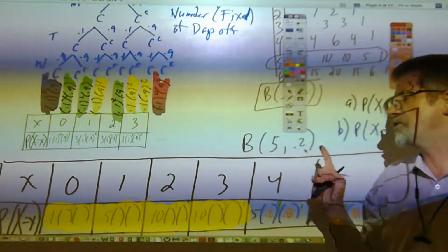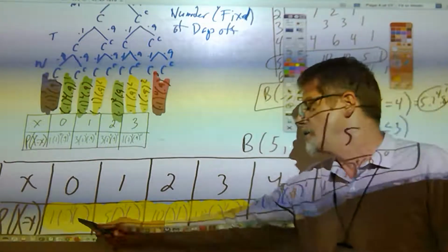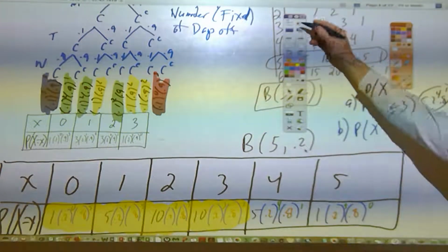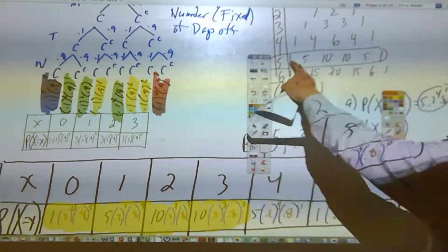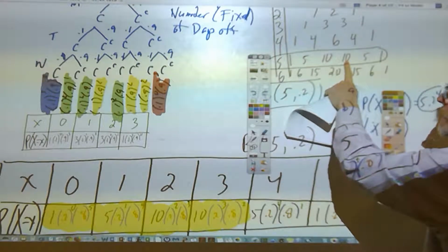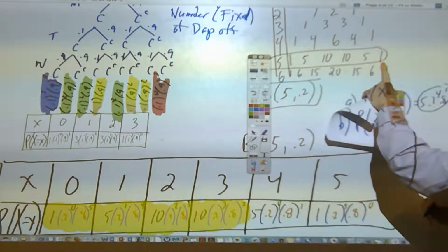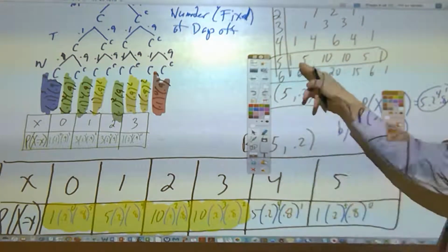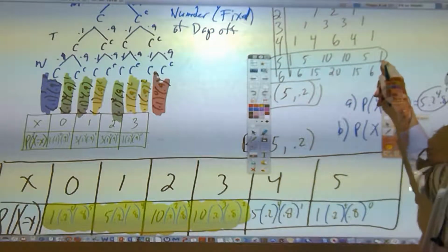Okay, I understand. There would be 32 leaves. Notice how the numbers in row 5 of Pascal's triangle add up to 32. 1 plus 5 is 6, plus 10 is 16, plus 10 is 26, plus 5 is 31, plus 1 is 32. So this tells us how many of each type of leaf we have.